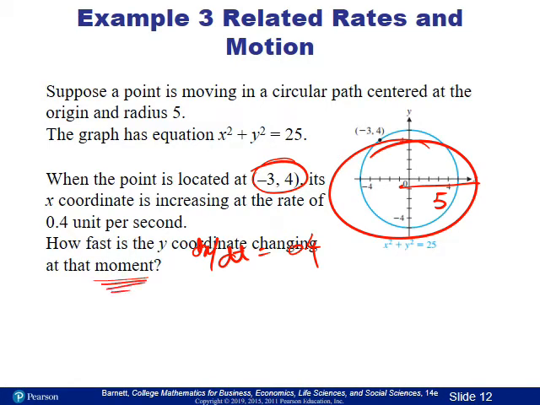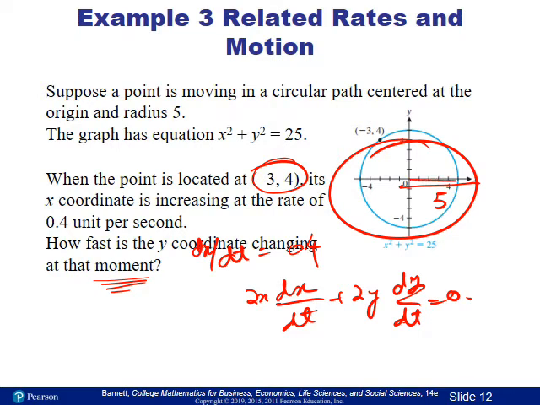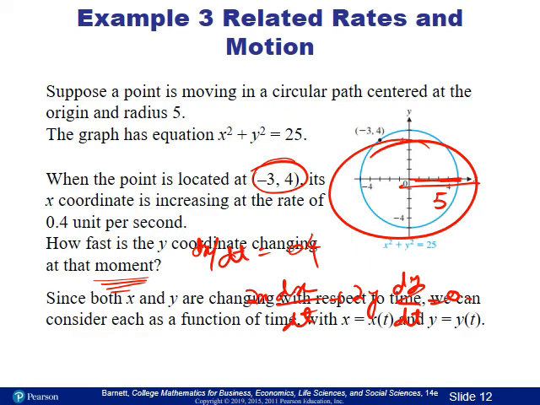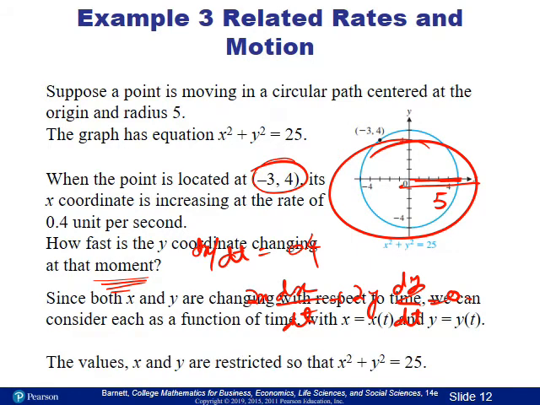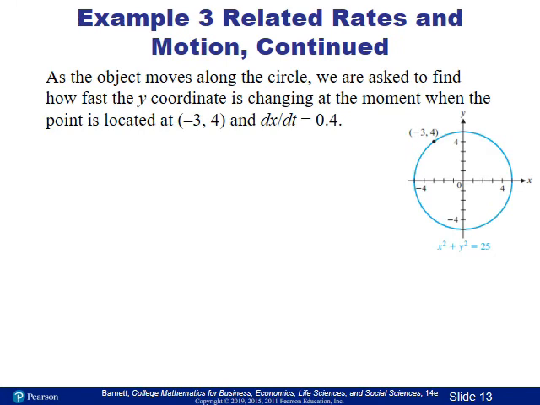We will differentiate: 2x dx/dt plus 2y dy/dt equals 0. You can substitute x and you can get y.